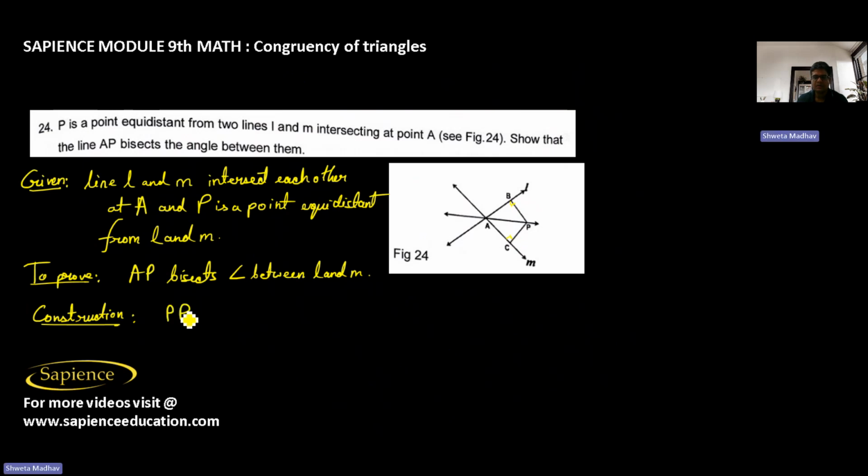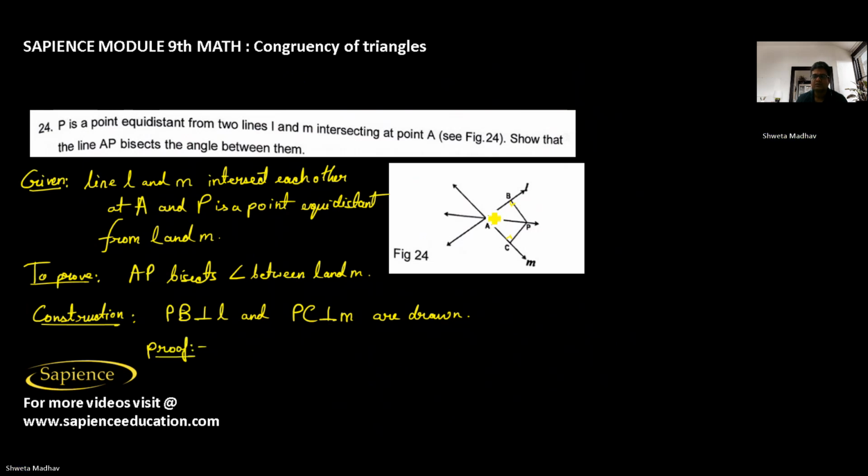So we can say PB perpendicular to the line L and PC perpendicular to the line M are drawn. Then we have to prove.